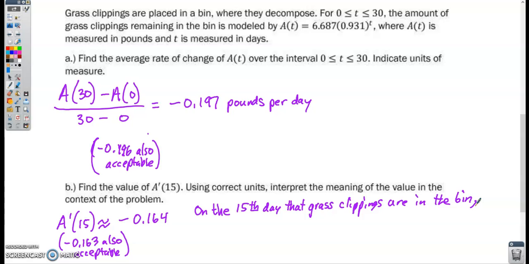And then let's see what's going on with my function here. This is the amount of grass clippings in the bin. So the amount of grass clippings is my context.